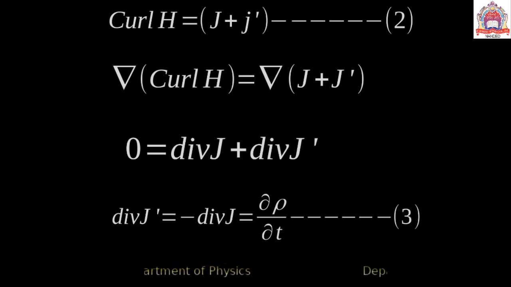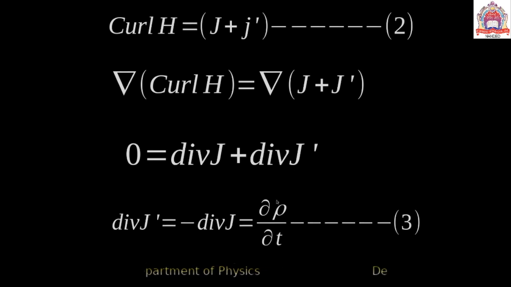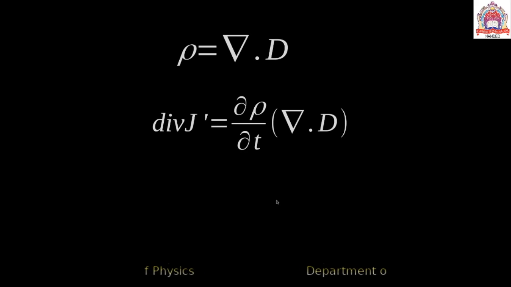Now we know that rho is equal to del dot D, the divergence of D. So just substitute the value of rho here. So we get divergence of J dash is equal to dou by dou t of del dot D. All these are vector quantities. Now just rearrange it.